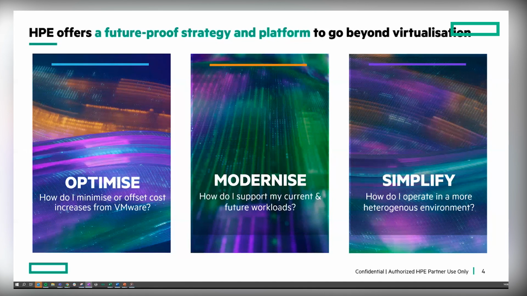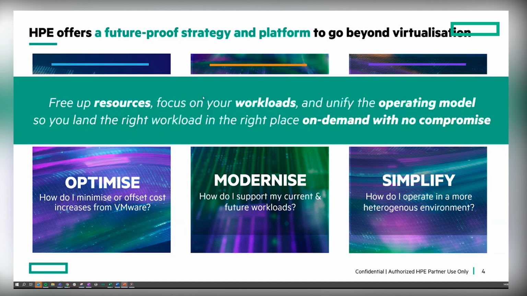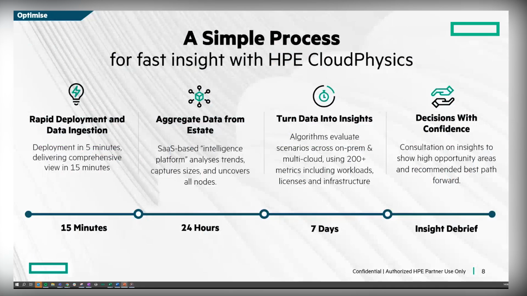End-to-end automation is really required for a lot of customers to help accelerate the cloud operating model and adoption today. So how can we help customers free up the resources, focus on your workloads, and make sure you get the workload in the right place, whether that's on premise or within the public cloud as well.